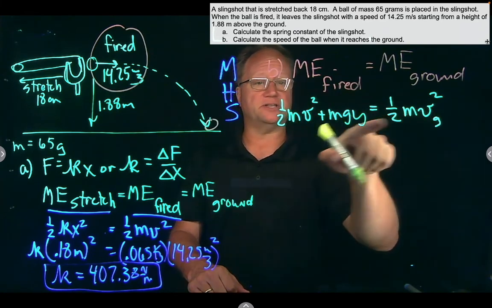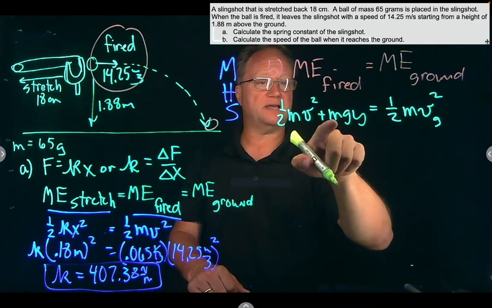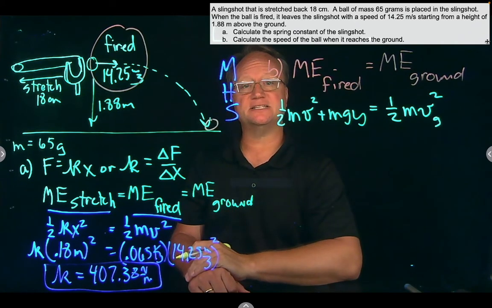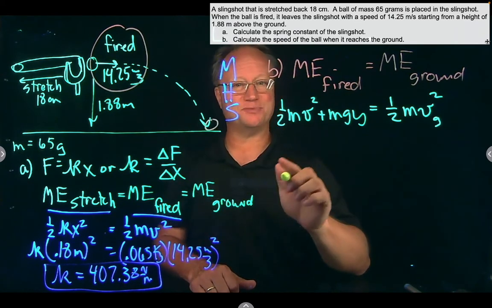Now, in this calculation, I have an m there and one here and one here. You can divide the whole equation by mass and it will divide out. And that's what I'm going to do.